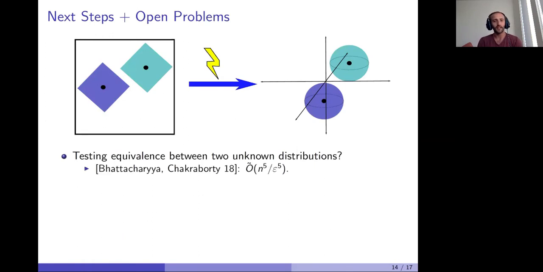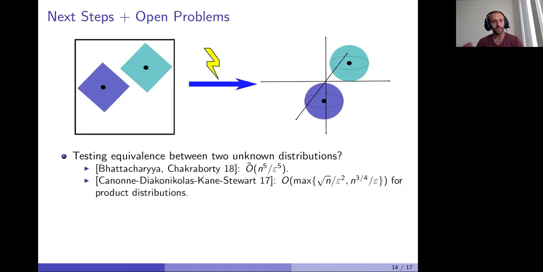And here, already Bhattacharya and Chakrabarty showed that these have complexity at most n^5 divided by epsilon^5. And let me just mention the other relevant result is what is the complexity of testing these two in the product distribution world. And here, Canonne, Diakonikolas, Kane, and Stewart show that this complexity is the maximum of root n over epsilon squared and n^(3/4) over epsilon.